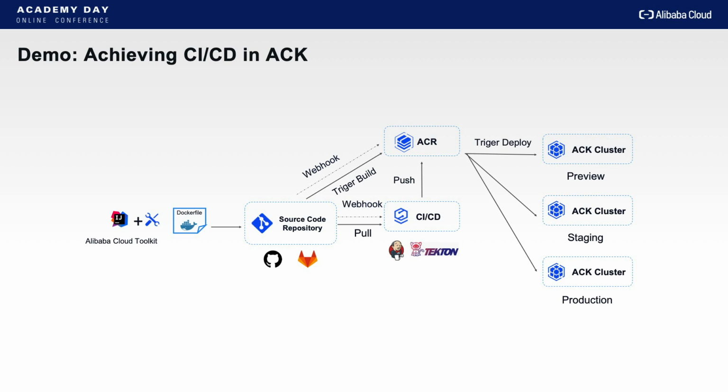And you can associate your GitHub account with Container Registry to automatically trigger the build action in Container Registry. And in your Container Registry, you can also define the deployment trigger in order to automatically deploy the newly updated service in Alibaba Cloud ACK.